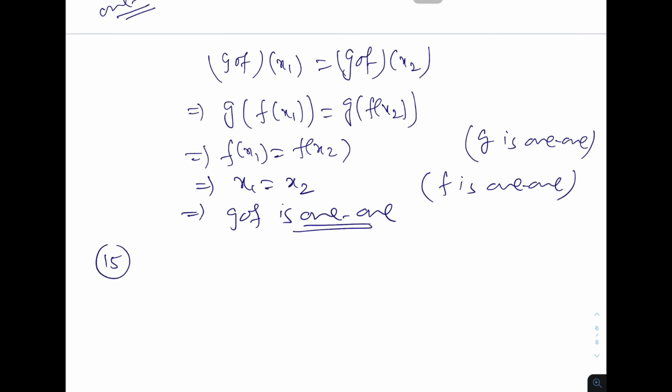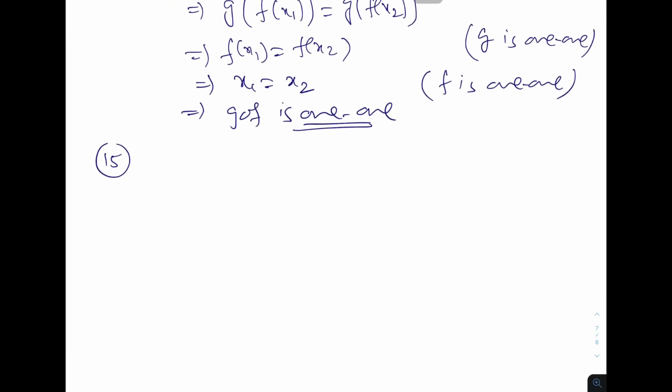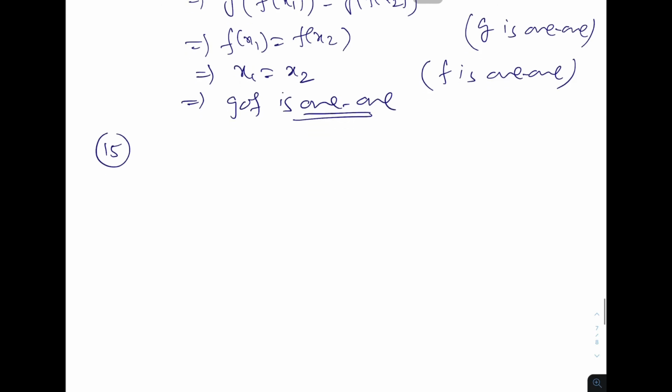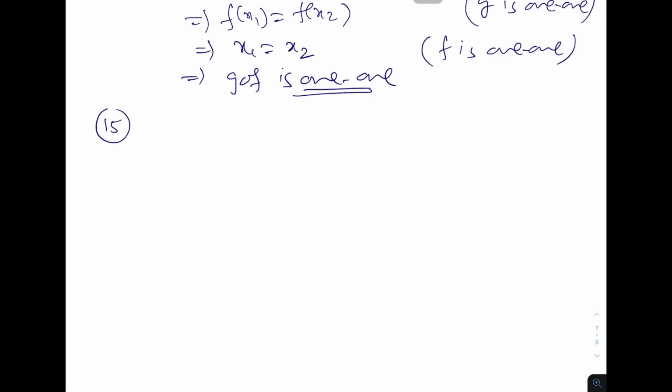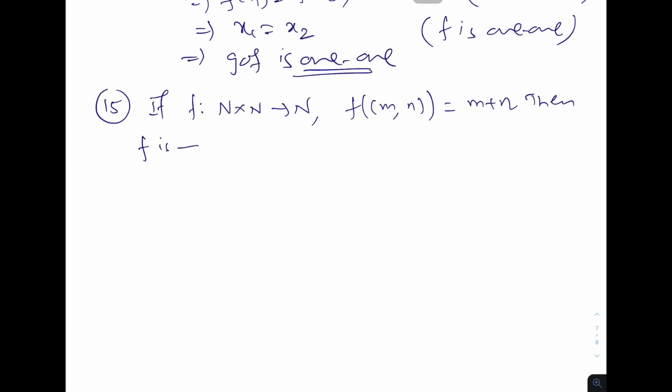Okay, next let us have one example. If F from N cross N to N, F of (m, n) equal to m plus n, then what can you say about F?